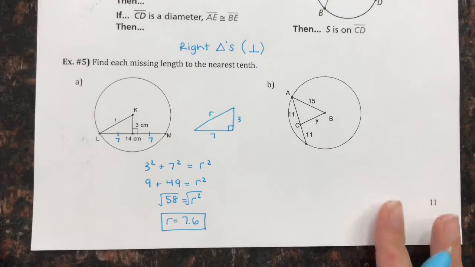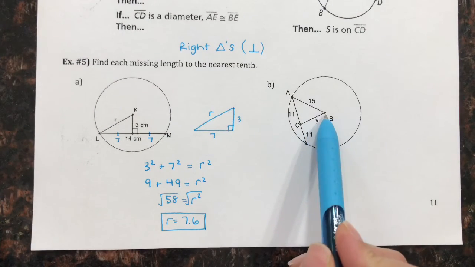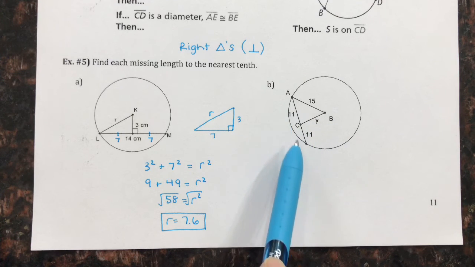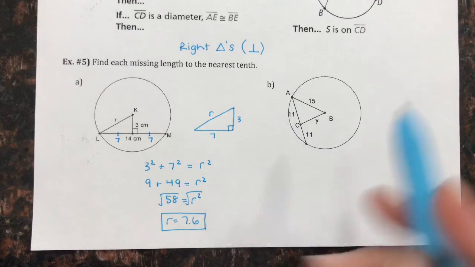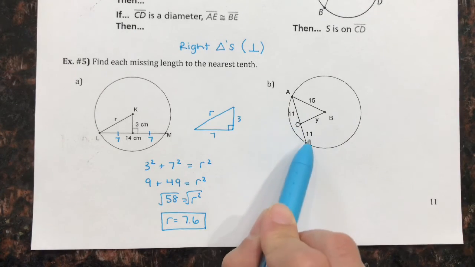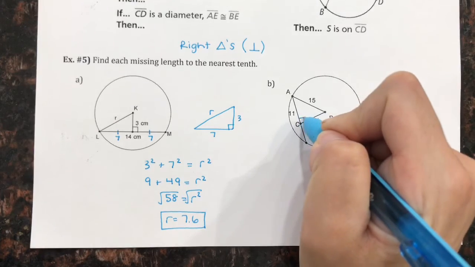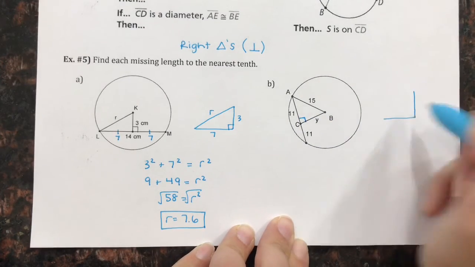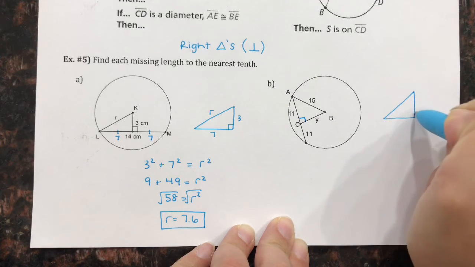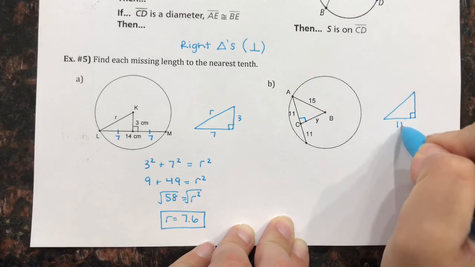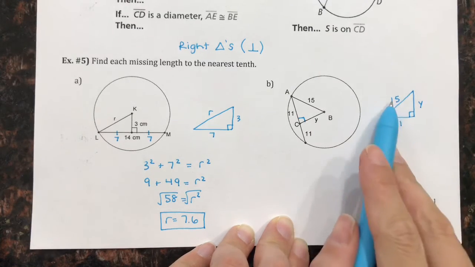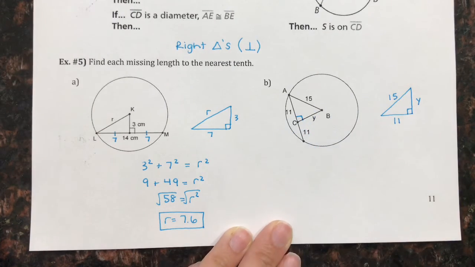When we look at the second example, notice that the segment that starts at the center hits the chord. It bisects the chord, even though it kind of doesn't look like it. It's not the best picture. But because these two are both 11, I know I have a right triangle. So if it helps, draw the right triangle off to the side. Let's say this is 11. That's Y. This is 15. Notice it's across from the right angle.